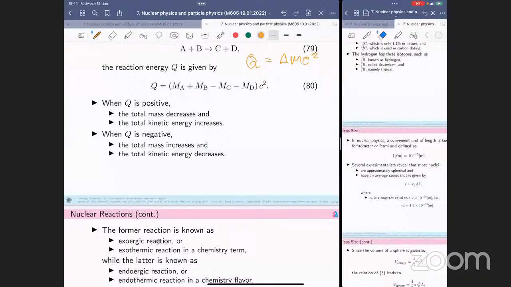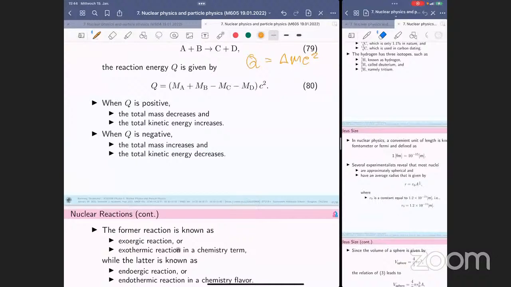Exoergic, because physics pays attention to energy, power, speed, or something like that, right? So ergic and energy are from the same root. So exoergic means Q is positive. This is the word in the physics sense. But the people in chemistry call it exothermic, because thermodynamics is the main stuff for them.